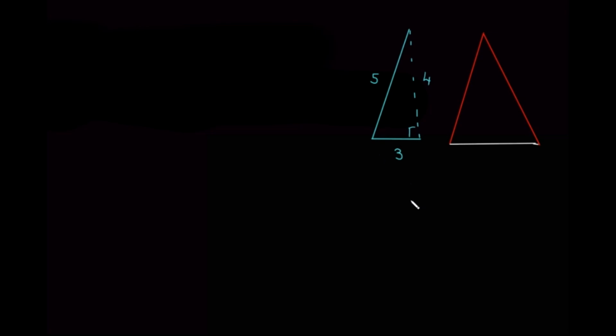Pythagoras, do you remember Pythagoras? 3 squared plus 4 squared equals 5 squared. Now let's see if that is indeed the case. 3 3s are 9, 4 4s are 16, equals something. 9 and 16 is 25, so that becomes 25, and the answer there, 5 squared, is 25.